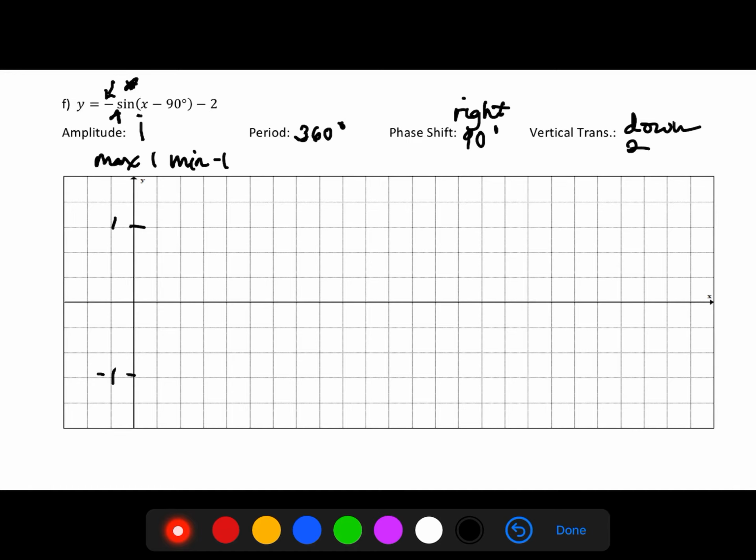Now, we are going to just go up to 1 and down to -1. We have to phase shift right 90, so we want to make sure we know exactly how much 90 is. We're going to go over 3 blocks is 90, keeping in mind that we need to go to 360 plus 90 or 450.